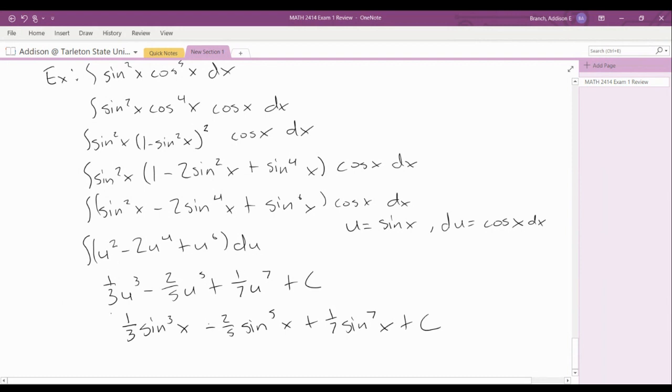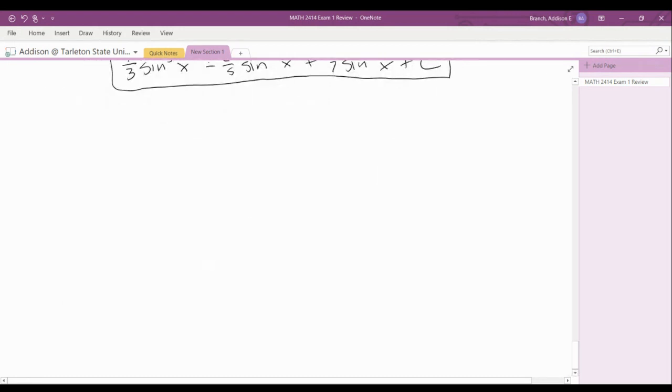So your next group of problems that you could see from this section are going to be if you're dealing with tangent and secant together.